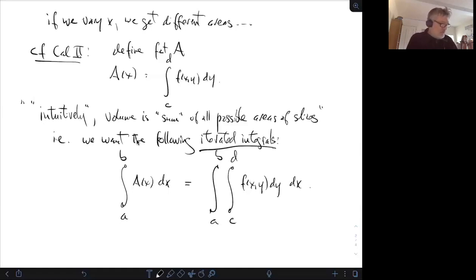Okay, so I'm going to do an example. This is not complicated. I'm going to do this with a very simple function. So here's an example.